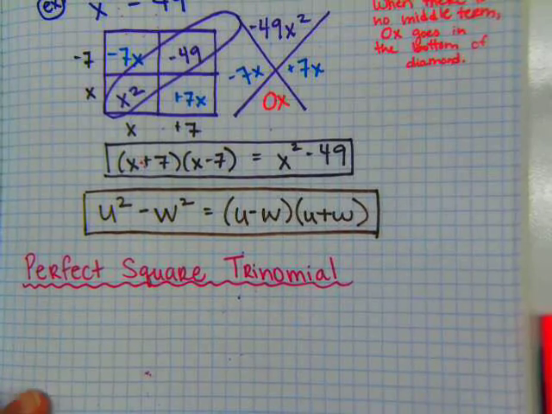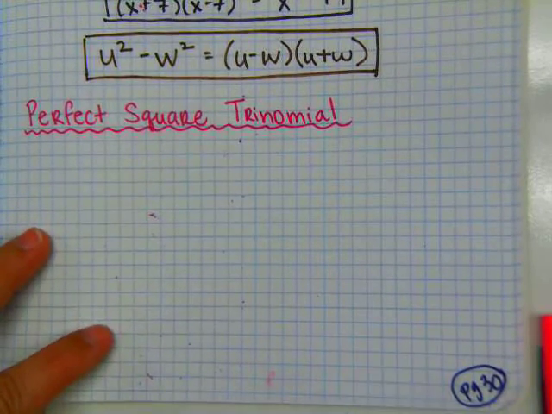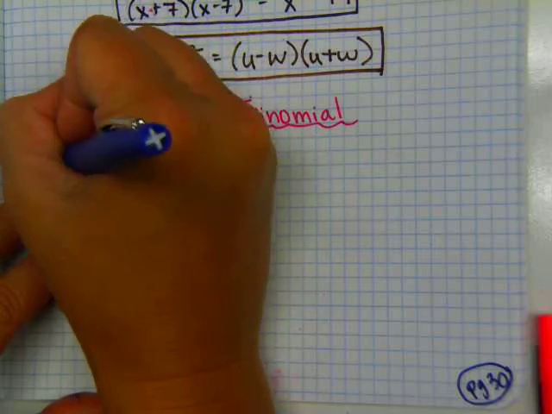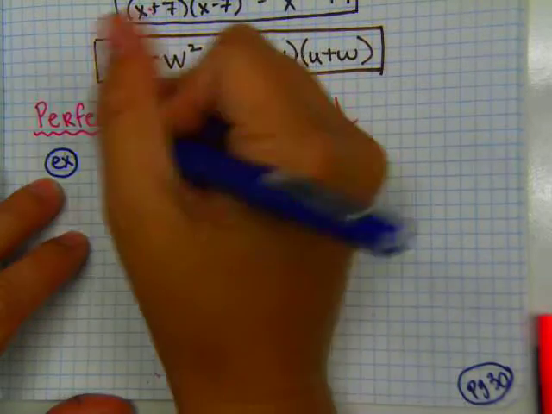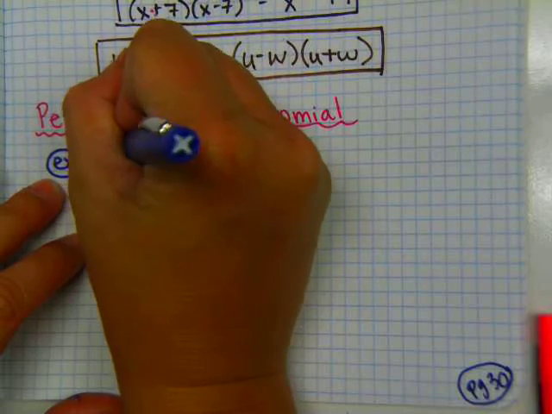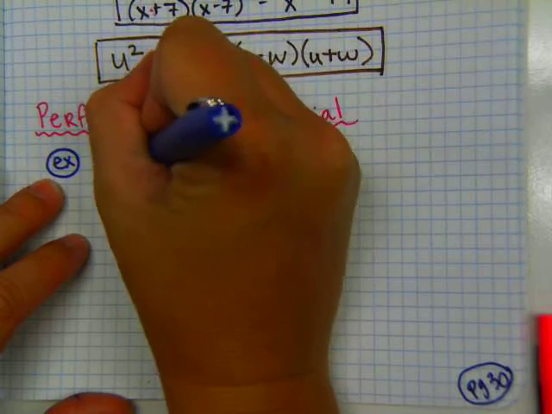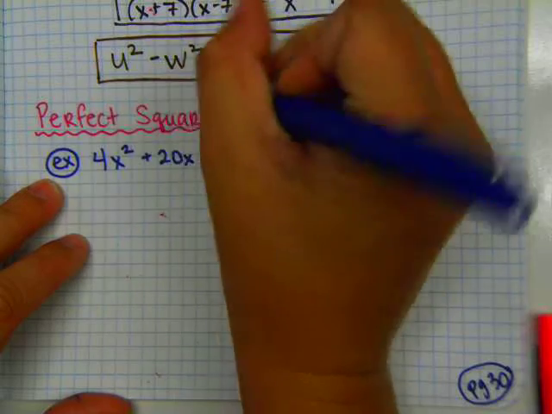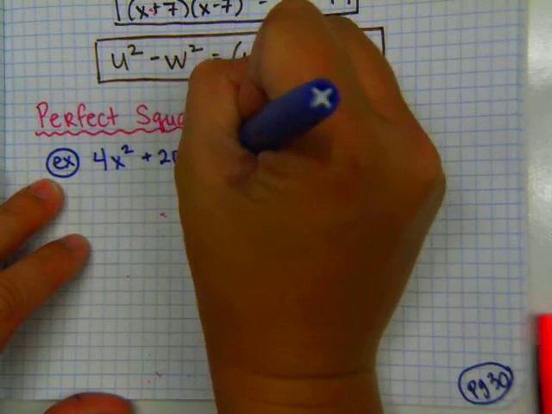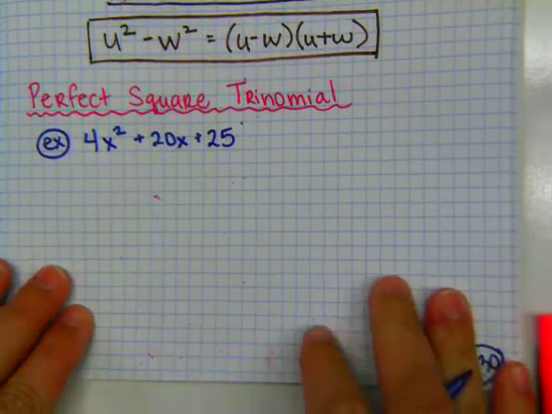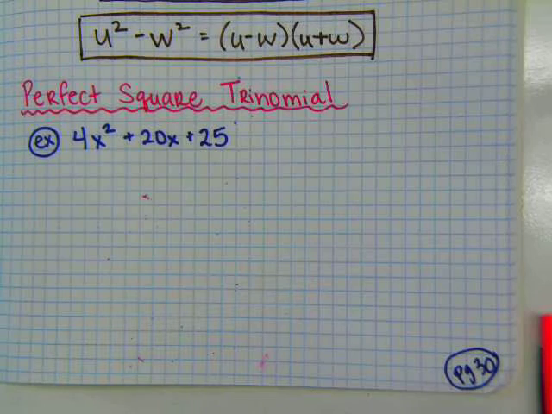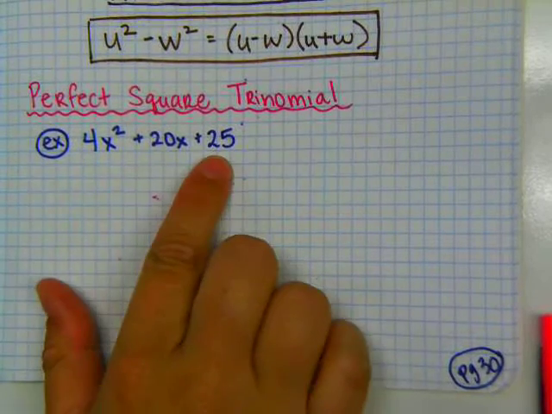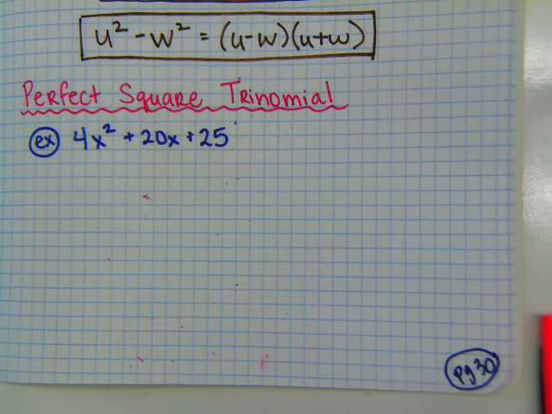So let's do an example just like we did. 4x squared plus 20x plus 25. And again, we're just going to factor it like normal. We always start by looking if there's a GCF. So 4, 20, and 25 don't have anything in common, so I don't need one.